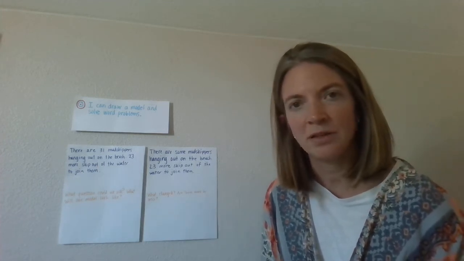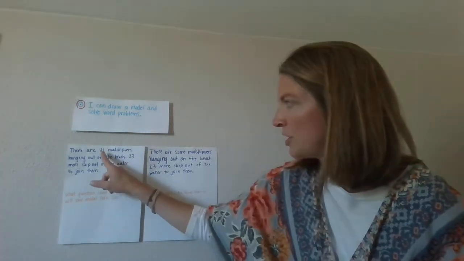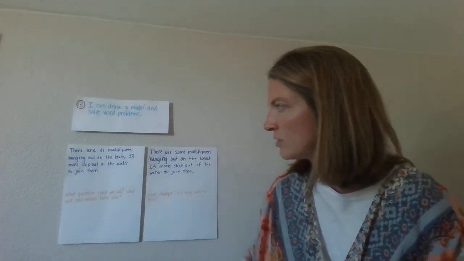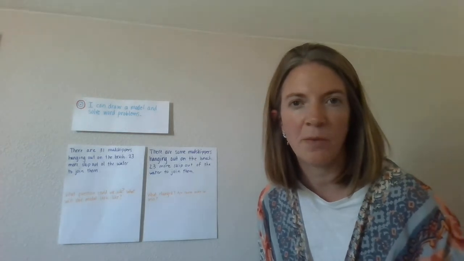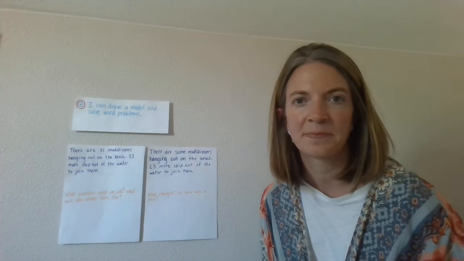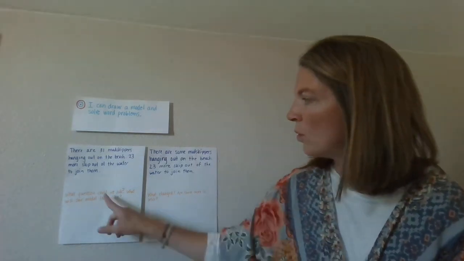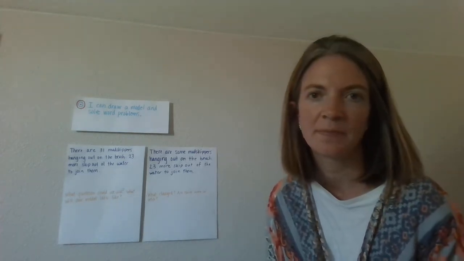What might our model look like? Do we want to draw 31 mud skippers on the beach and 23 more? Would that take a lot of time to draw them one by one? Or maybe we can think of a different way to do that. Take a minute to sketch out your model and think about what question you could ask about this situation.